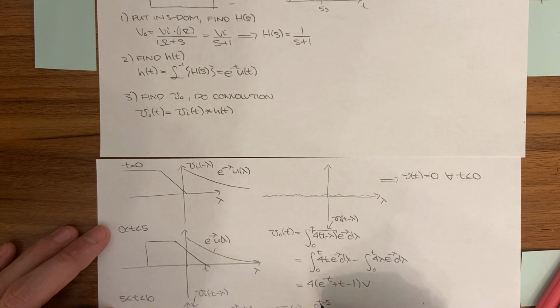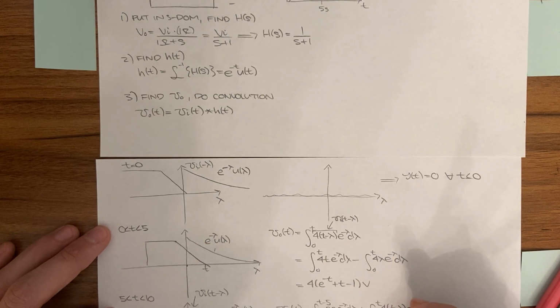So we're going to go from 0 to t minus 5. That's going to cover this rectangular bit. And so we have 20e to the minus lambda d lambda plus, and then we go from t minus 5 to t, and that is going to be 4 times (t minus lambda) e to the minus lambda d lambda.